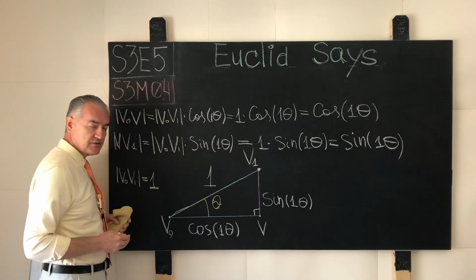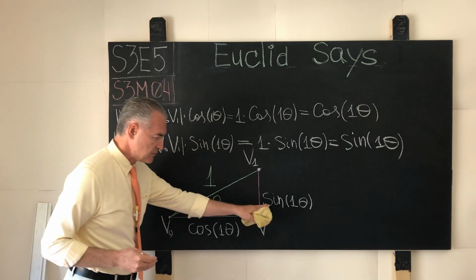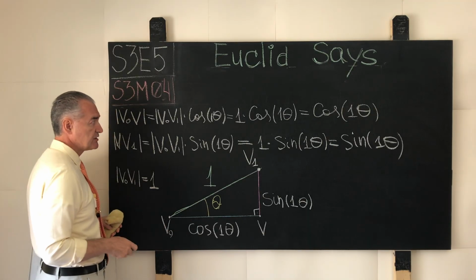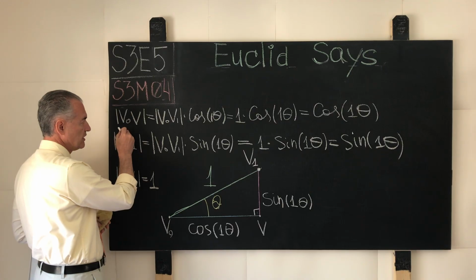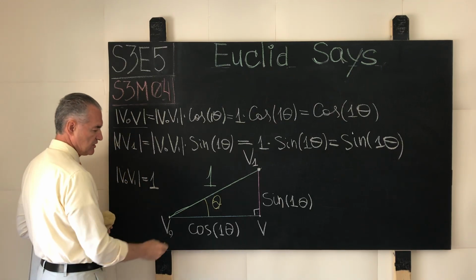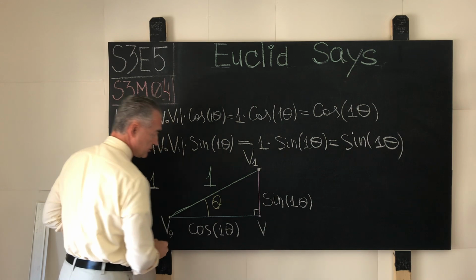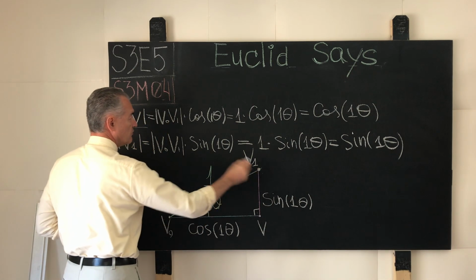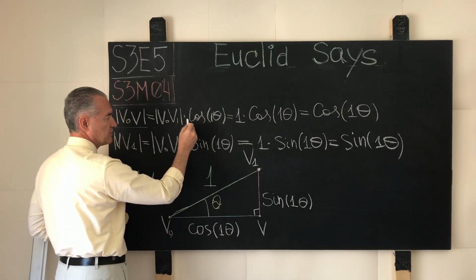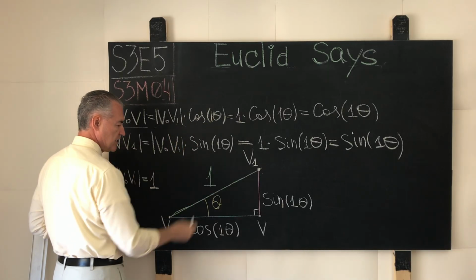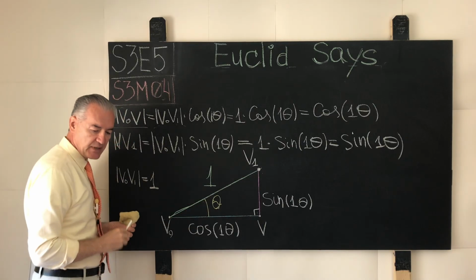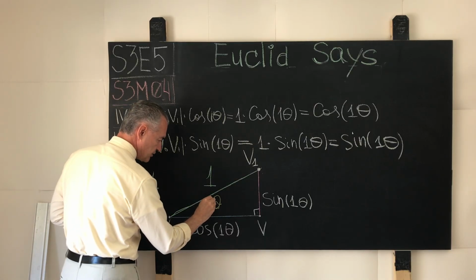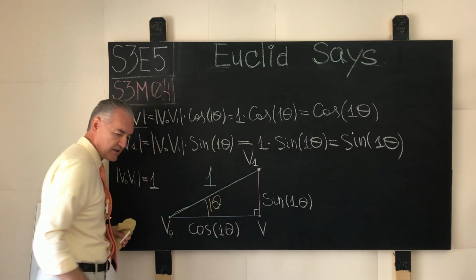In such a triangle, based on the definition of these trigonometric functions via the corresponding right triangles, what can we write for the length of the line segment V0V? This length is the length of the line segment V0V1 times the cosine of the angle 1 theta. And we precisely pick the magnitude of one of the interior angles of such a triangle to be 1 theta.